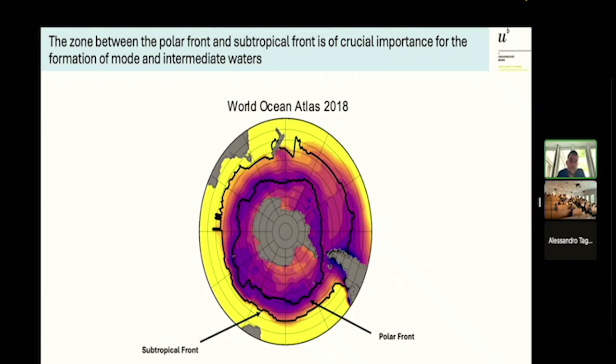So we don't even have to know the temperature, we can just go with the salinity. And we can see that here the salinity is higher in this region. This salinity in this region is really important for the deep and intermediate water formation.